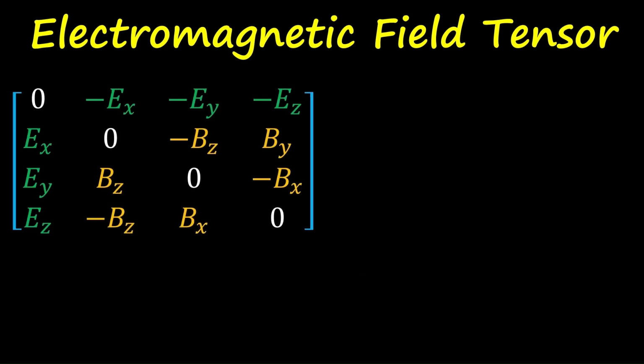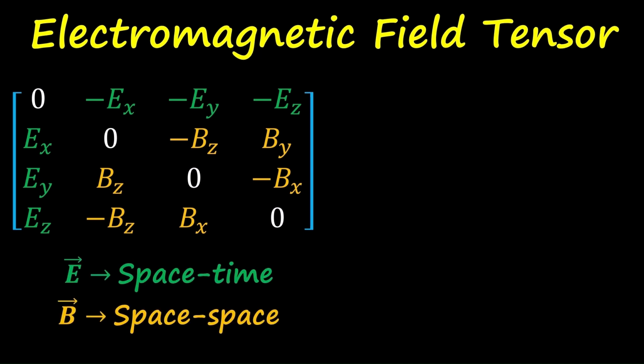This is the electromagnetic field tensor, and if you see carefully, the electric field components lie in the space-time part and the magnetic field in the space-space part. There is physics behind this also, because the electric field lives in the component where time mixes with space.